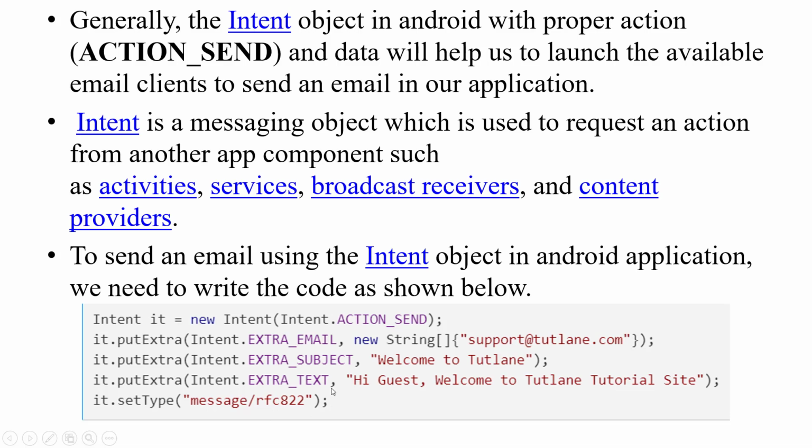Here we are using the format RFC 822, meaning we are defining the electronic message format. It consists of header fields and an optional message body. The header fields contain information about the message such as sender, recipient, and the subject. If a message body is included, it is separated from the header fields by an empty line.